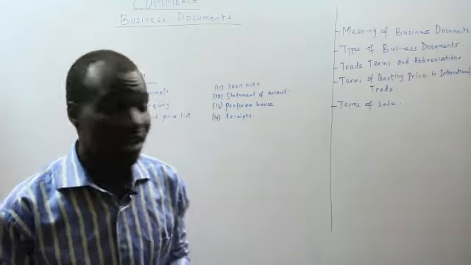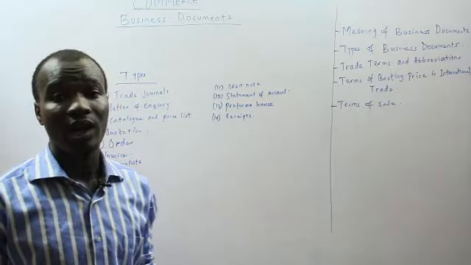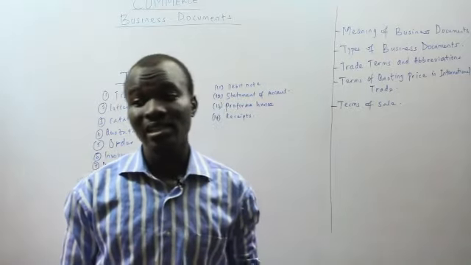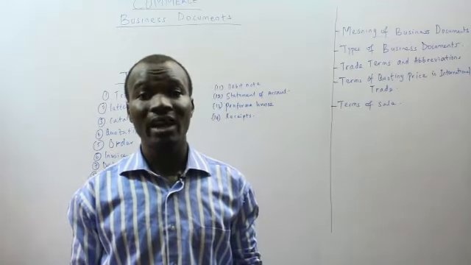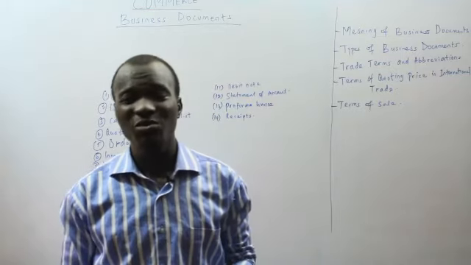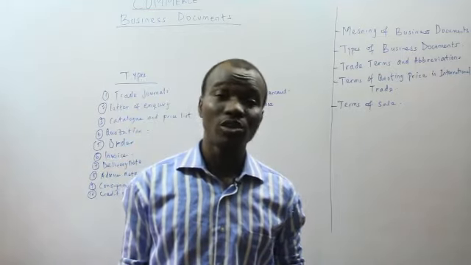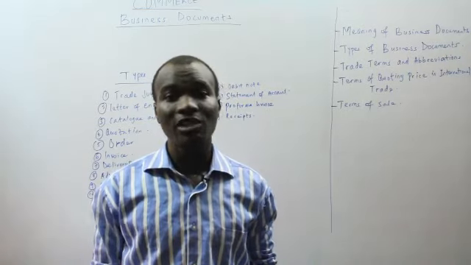The next thing on the list is the letter of inquiry. This type of document is usually sent by the buyer to the seller, asking for certain information about a particular good or about different categories of goods.